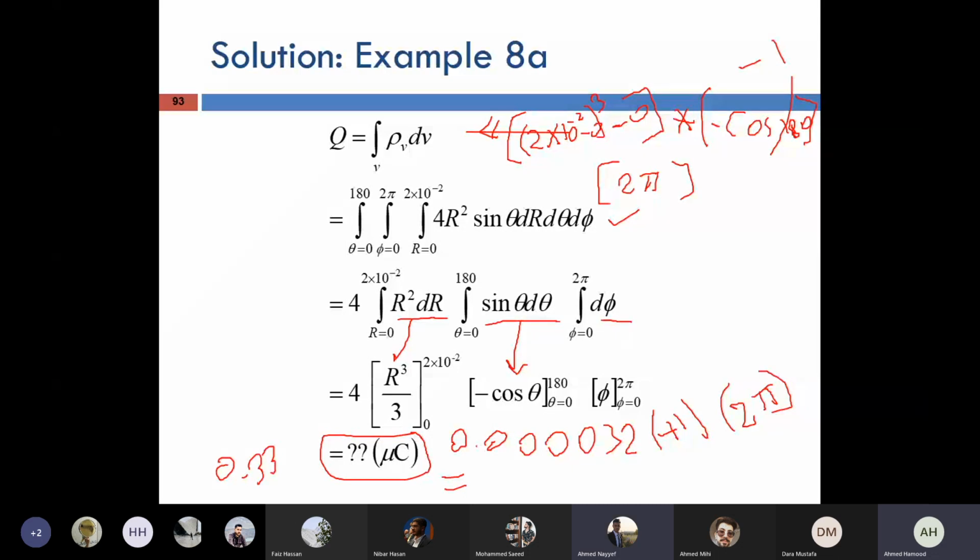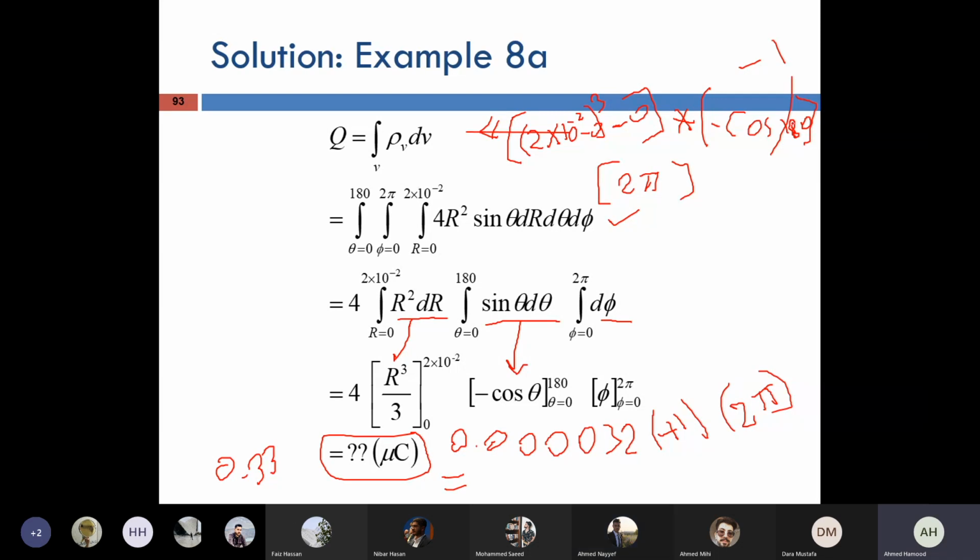I think it's +2, not +1. Yes, he's right, because we've got another cosine 0 as well, it equals 1.